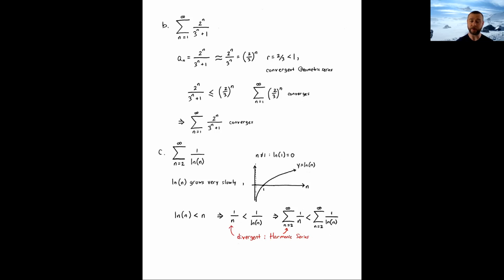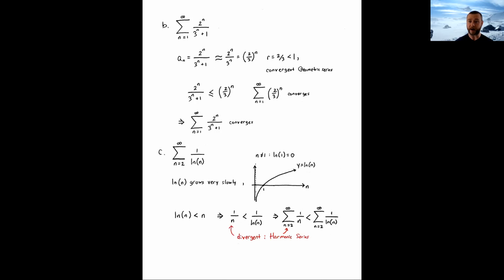Well, the smaller term, 1 over n, that is the term for a divergent harmonic series. Remember, for the harmonic series, the general term was 1 over n, and that's exactly what we have here. So what we have is now a smaller infinite series, the infinite series for 1 over n, where n starts with 2.